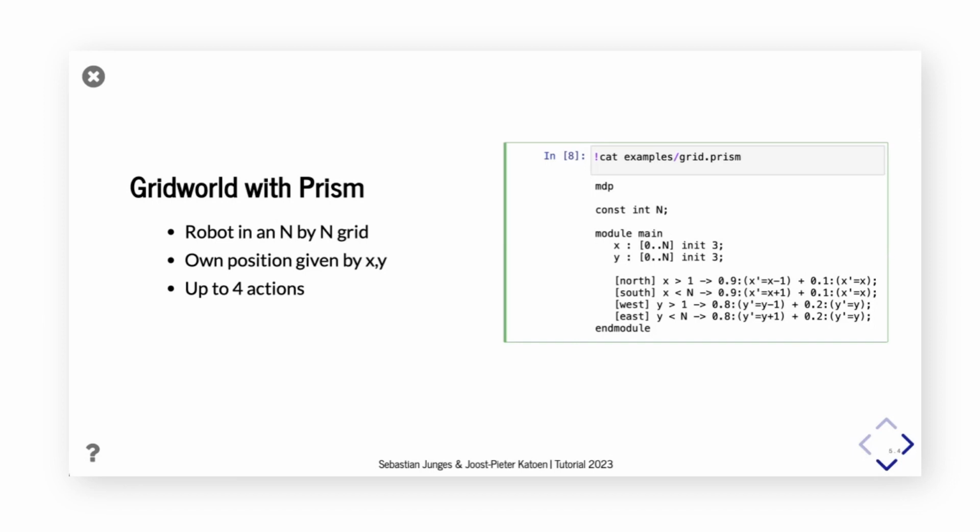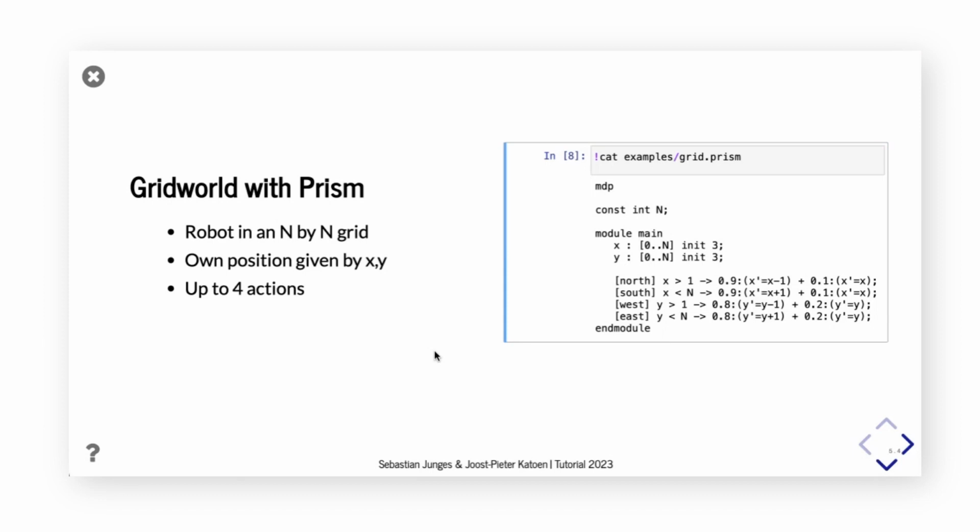This is a typical thing that's called the slippery grid world. So your actions might not have an effect on the system. And we do the same thing for going south. So south means increasing x, going west means decreasing y, and going east means increasing y. And the actions that are available are always given just by the guards on the left.